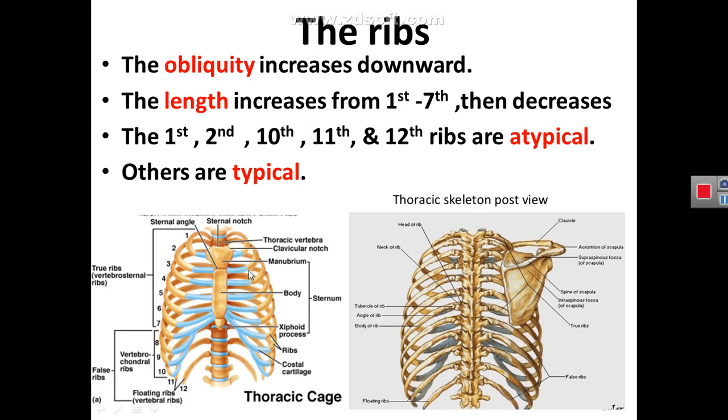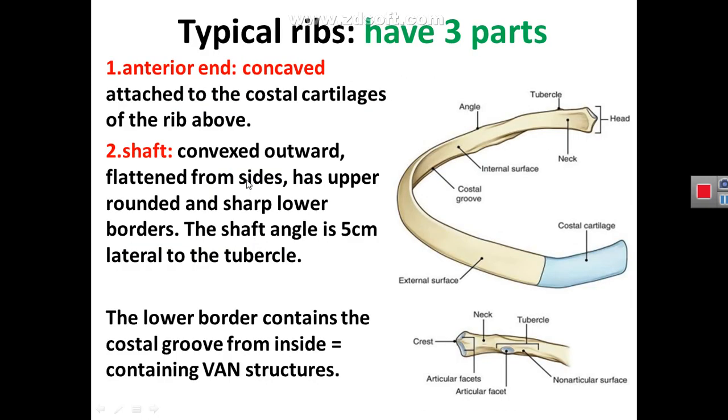Here we may call the ribs typical and atypical, because they carry typical features of a rib or deviate from what is typical. So ribs number 1, 2, 10, 11 and 12 are atypical, but the other ribs from 3 to 9 are typical ribs. What makes ribs from 3 to 9 typical? Because they carry the following features in anatomy.